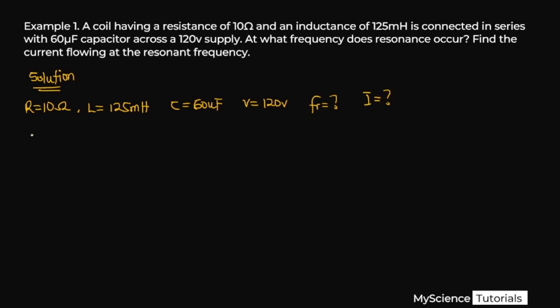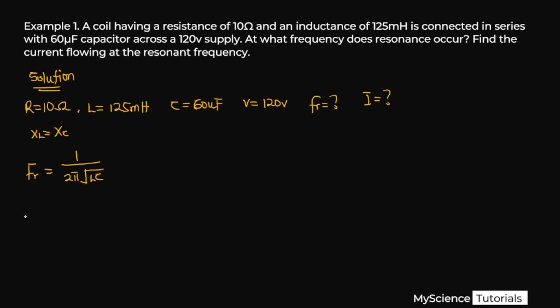All right, this is pretty straightforward. We stated the fact that at resonant frequency XL is equal to XC, where we found that the resonant frequency Fr is equal to 1 over 2 pi the root of LC.